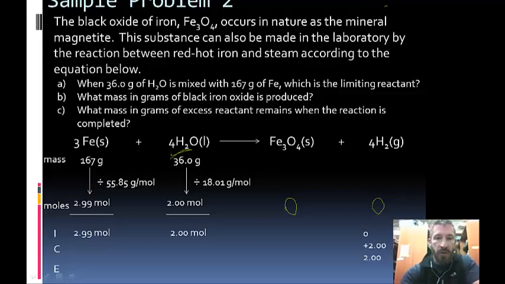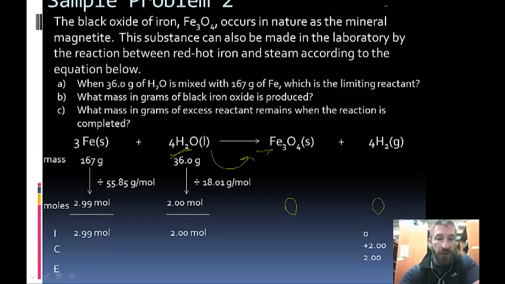Going from water to the iron oxide compound, you divide by 4, and that would mean you'd produce moles of Fe3O4 going from the water.